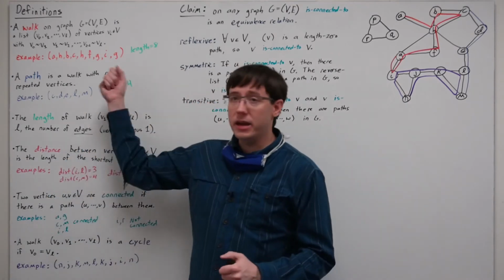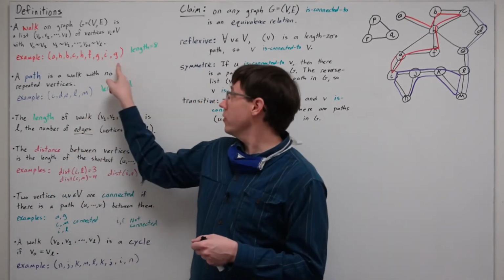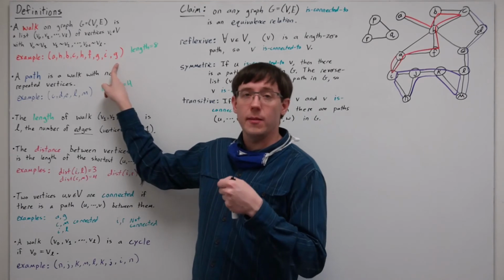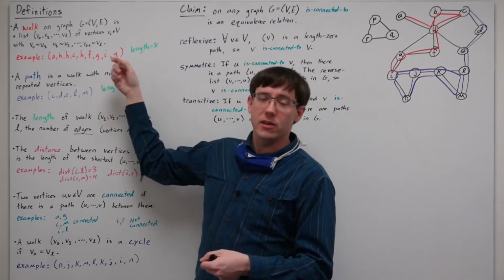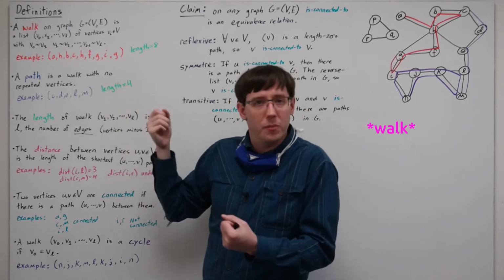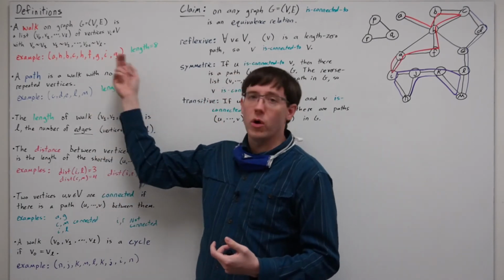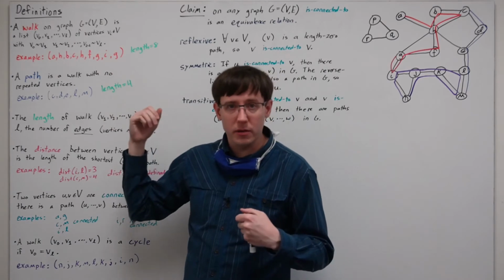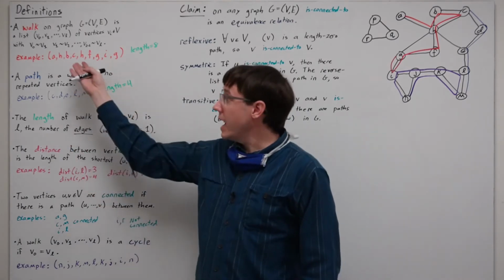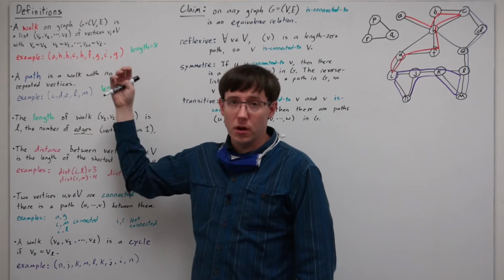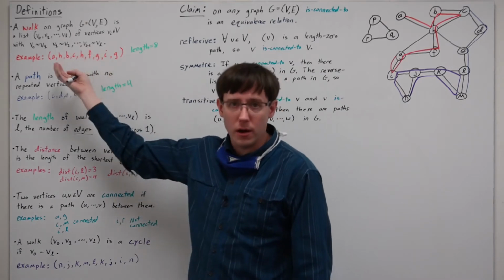If we concatenate two walks, the first one must have the same last element as the first element of the second path, and we then put the lists together, removing one of the copies of that repeated element. And this concatenation of two walks always gives us another walk.